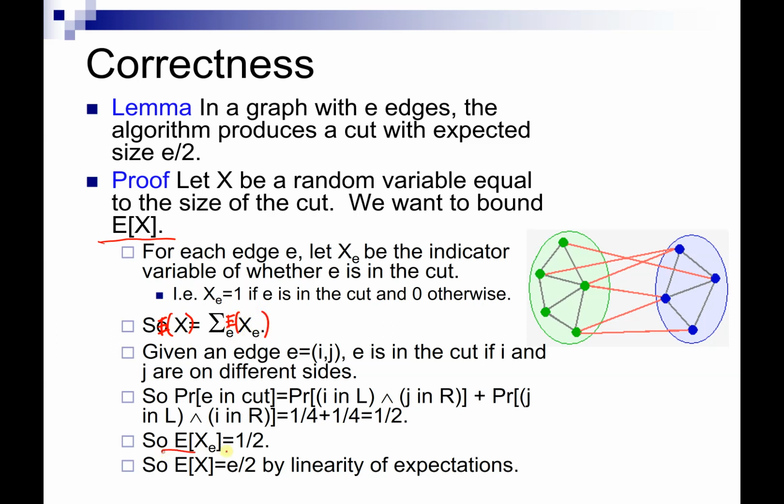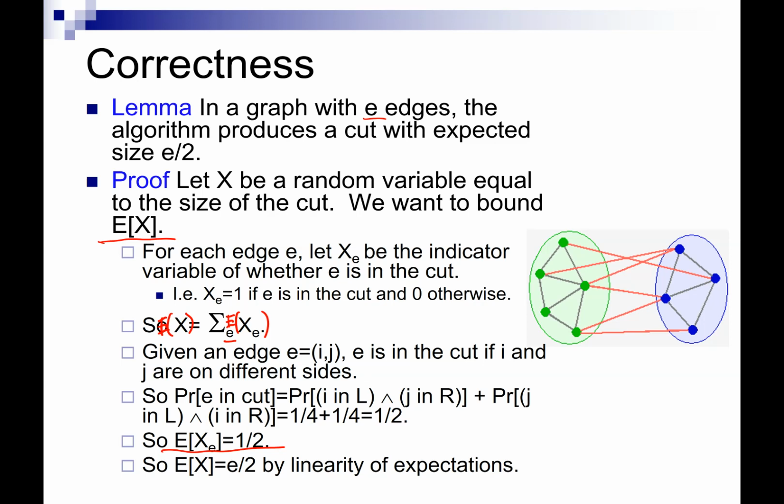Each of these has expectation 1/2, and since you sum over all of the edges, in total the expected value of this capital X is going to be e divided by 2, where e is the total number of edges.